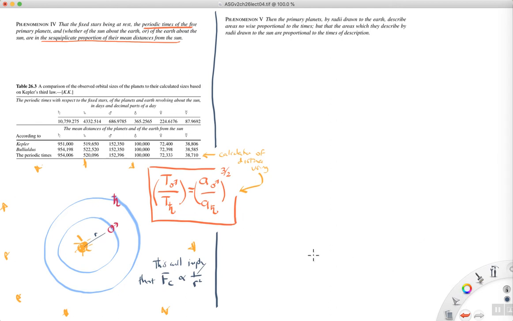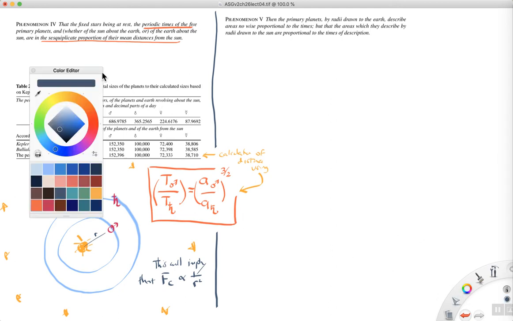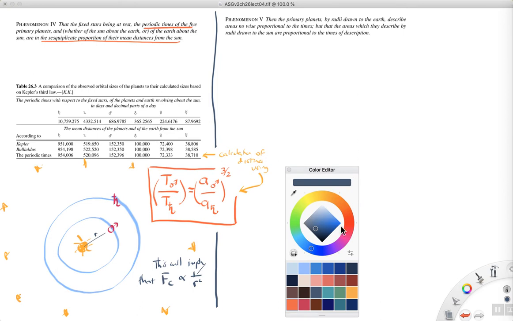So in other words, what he's saying is, if you imagine the Earth to be at the center of the universe, and you look at the motion of Mars through the sky, and you draw a radius from the Earth to Mars, you're going to find that the areas by radii drawn to the Earth are not proportional to the time.